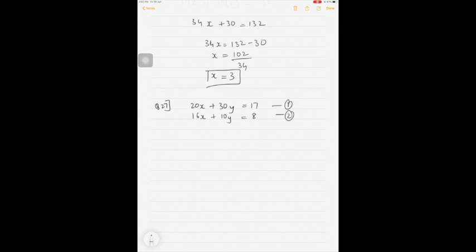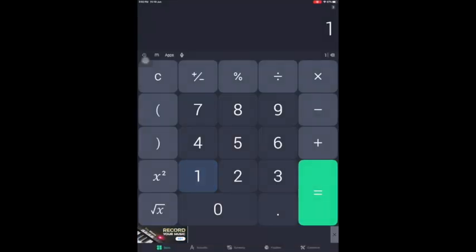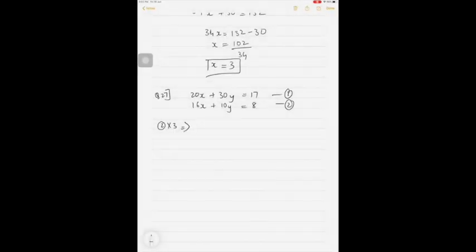So what we can do is we can just multiply 3 to equation 2. When you multiply 3 to equation 2, your 10y becomes 30y, correct? And then you can cancel that. 16 into 3 is 48.